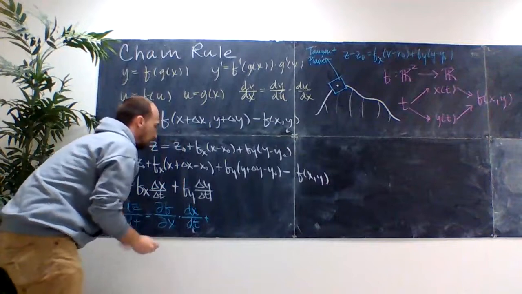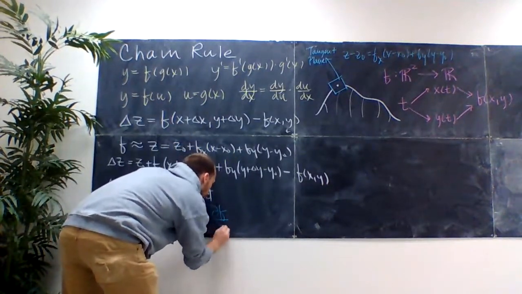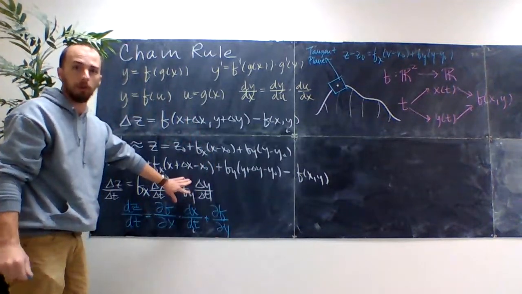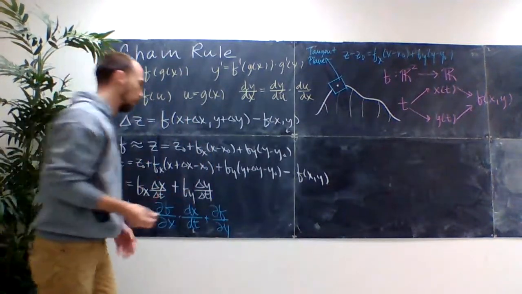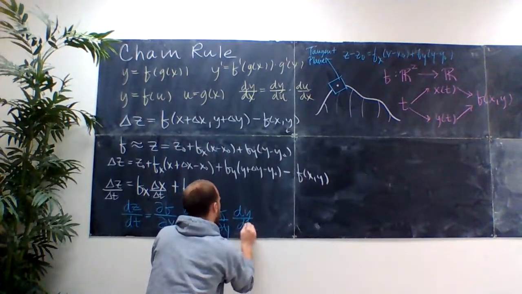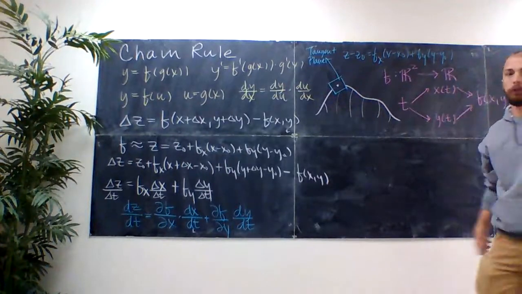Plus the partial of f with respect to y, times, as delta t goes to 0, delta y over delta t will head towards dy dt. Okay, and so this is the chain rule for a function of two variables.